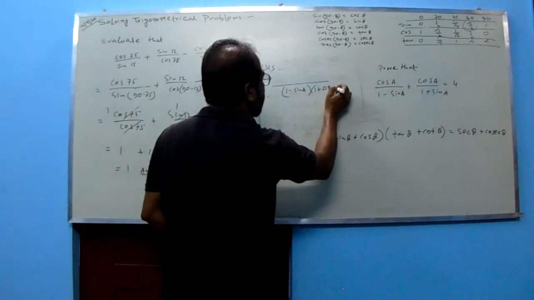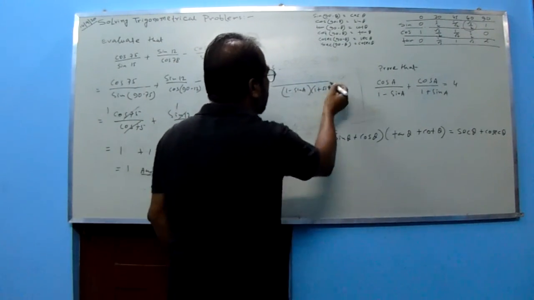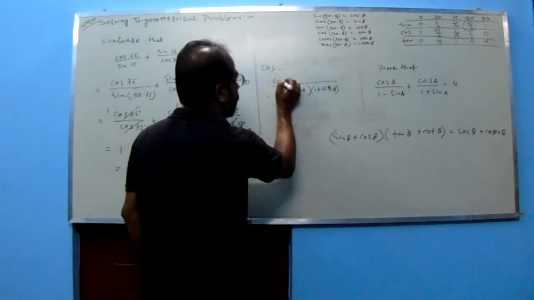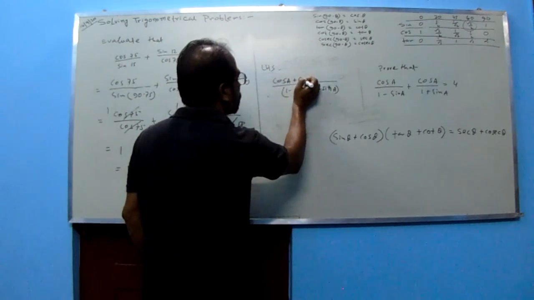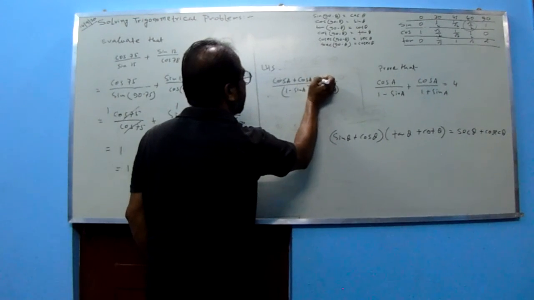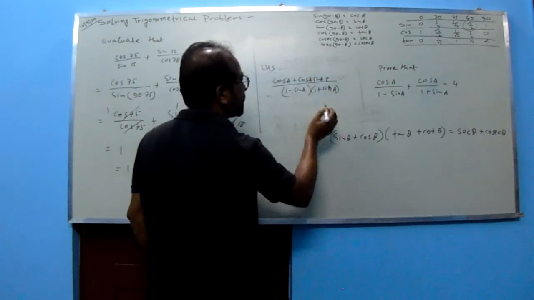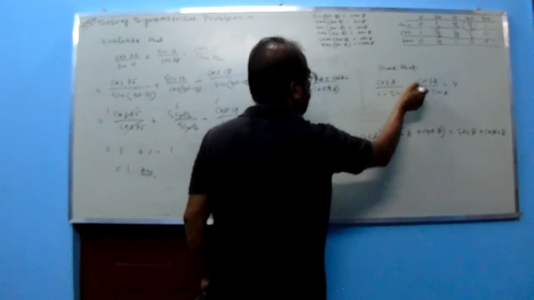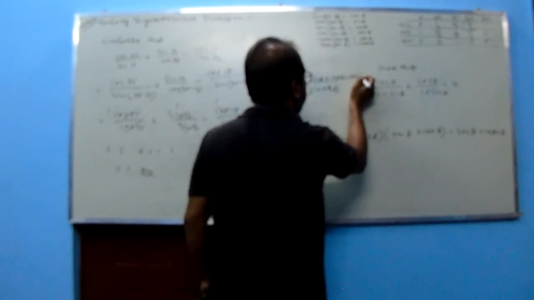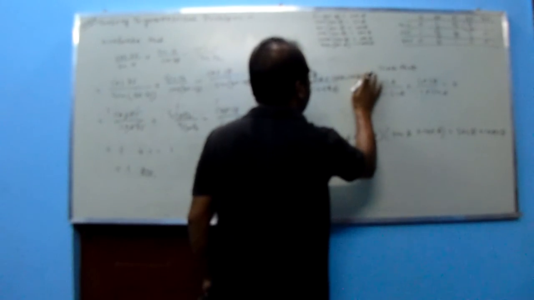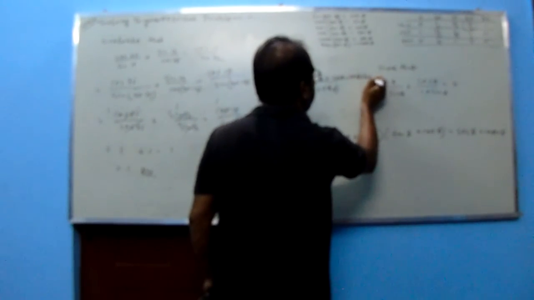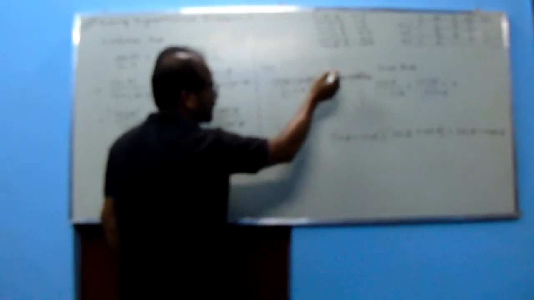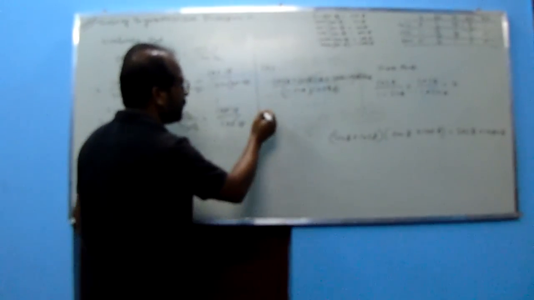So in the numerator it becomes cos A plus cos A sin A plus cos A minus cos A sin A. So cos A sin A, cos A sin A, it has gone, it is already gone.